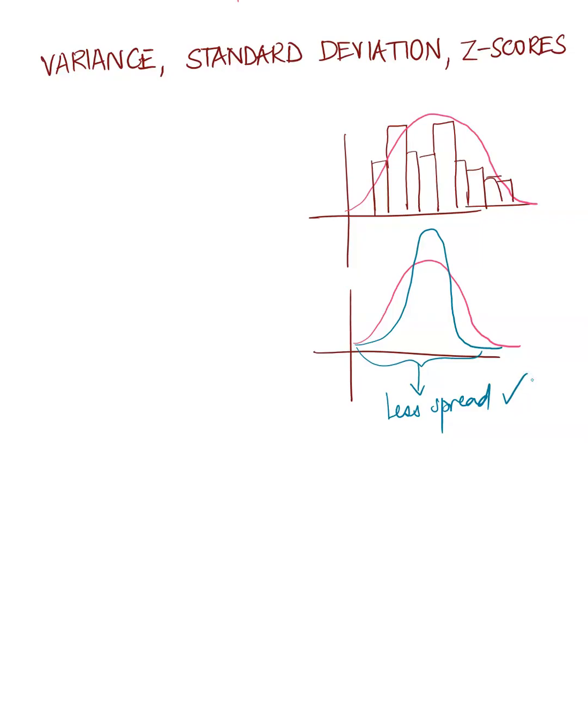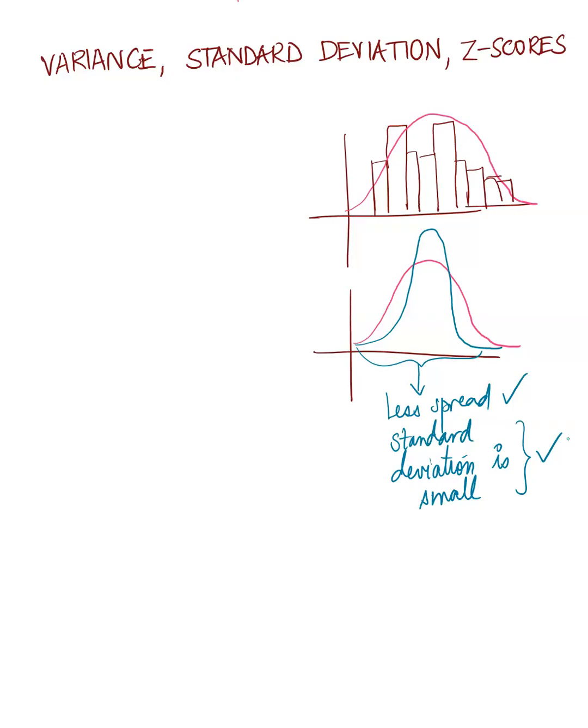If there is less spread, it means that it doesn't vary too much from the center. Okay, so that means the standard deviation is small. That means it's desirable. Okay, I just put the tick mark there to show that it's desirable.